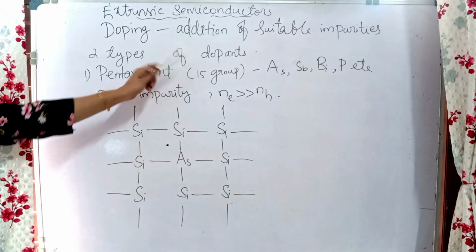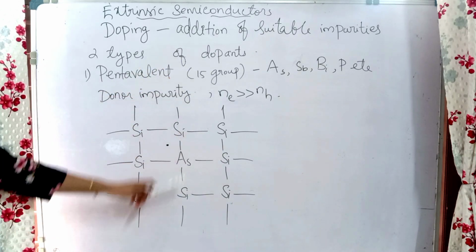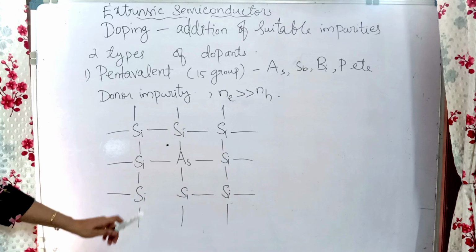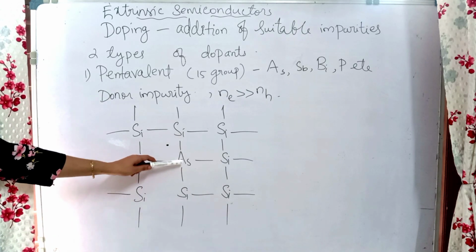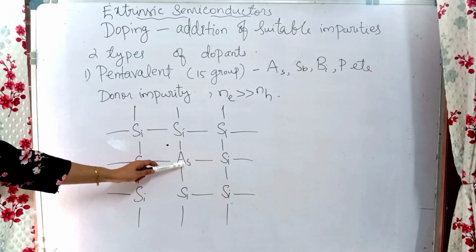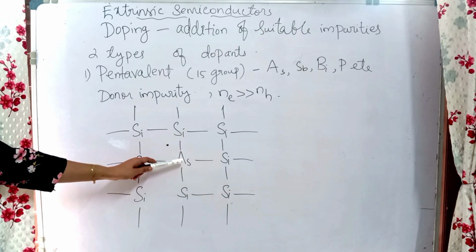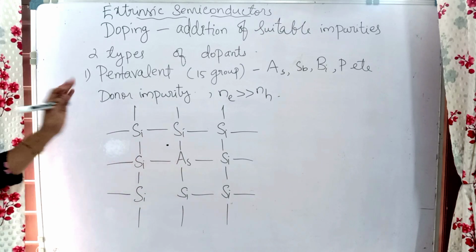Here we take arsenic, so arsenic is added to the silicon crystal. Then what will happen? At the center we have replaced silicon with the pentavalent impurity, so 5 valence electrons will be there.